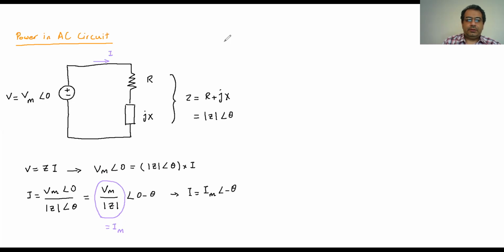So I can write it here: I is going to be Im with angle of negative theta. So this is what we have in this condition.